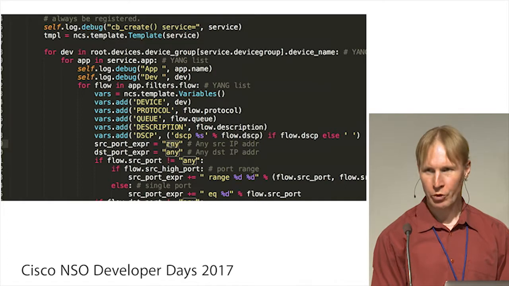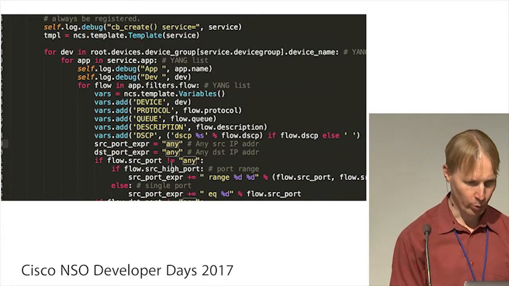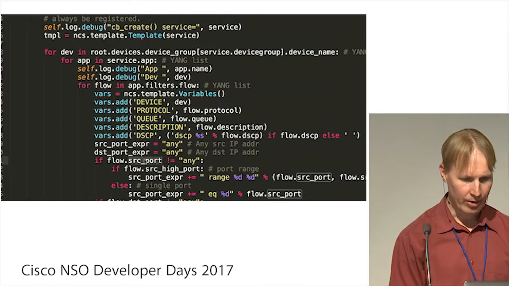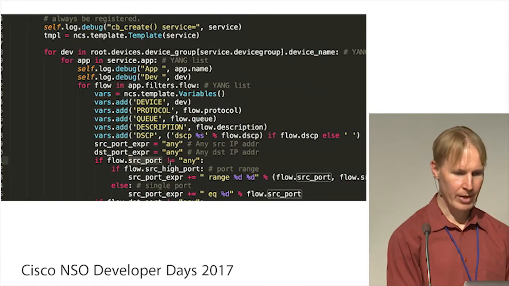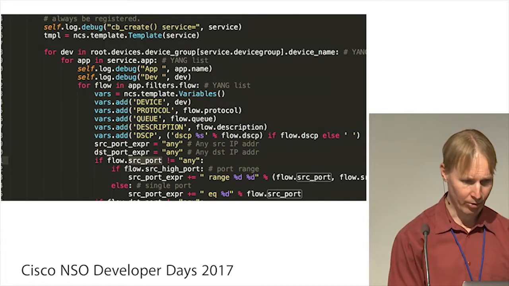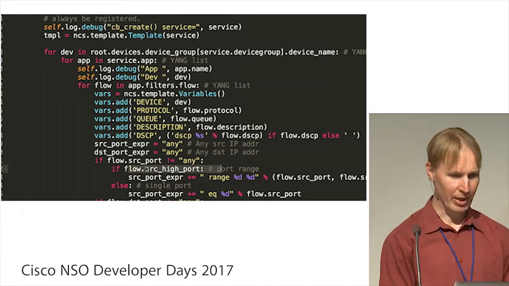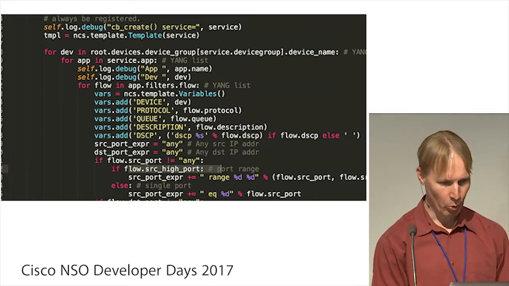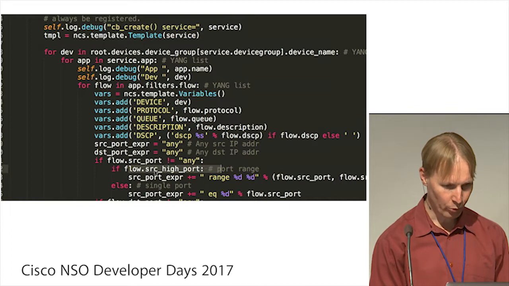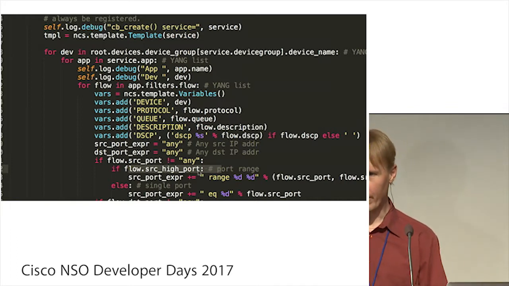And then if we want to select on the port, then we will add some more stuff to it, like here. Check the flow source port to see if it is not any. Then check if there's a range, if the high port is set. Look how easy this becomes. Just say that, oh, source port not equals any, and flow source high port without a value, meaning that it has a non-zero value or exists.